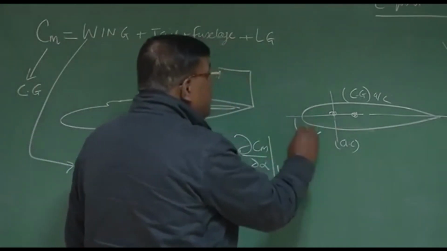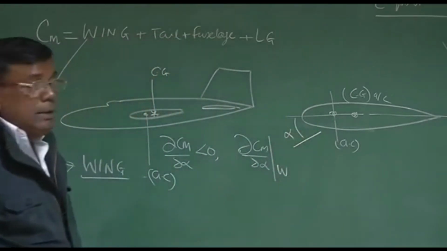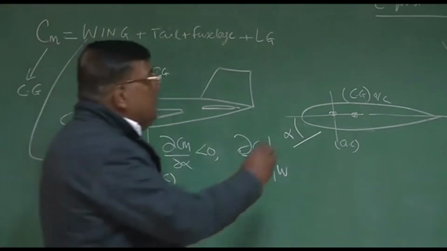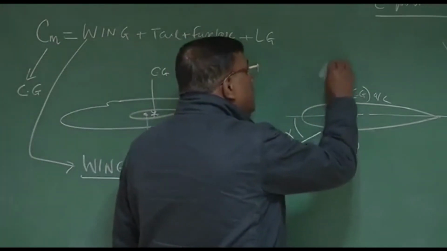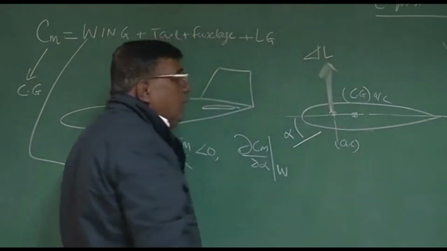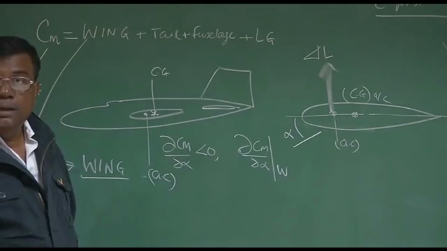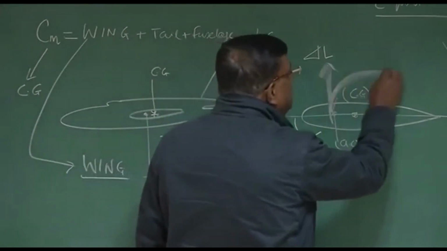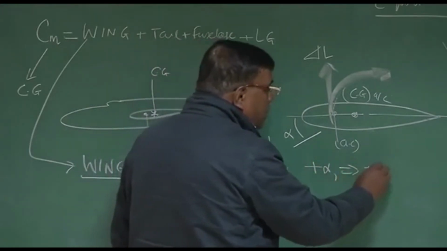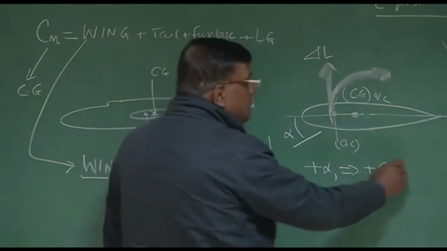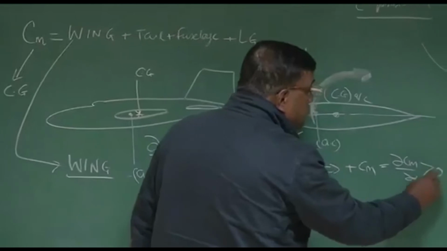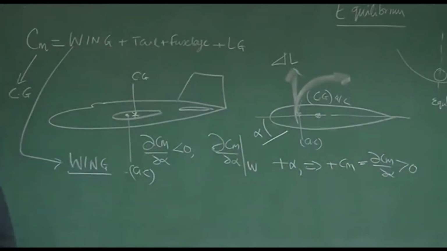If there is a disturbance, say alpha, then I will represent the force acting through AC. So AC is here, and CG is here. This force or delta lift will give what type of moment? Will give positive moment about CG. That means for positive alpha, you have got positive moment. So this is telling dCm by d alpha is greater than 0. So this is a destabilizing contribution.